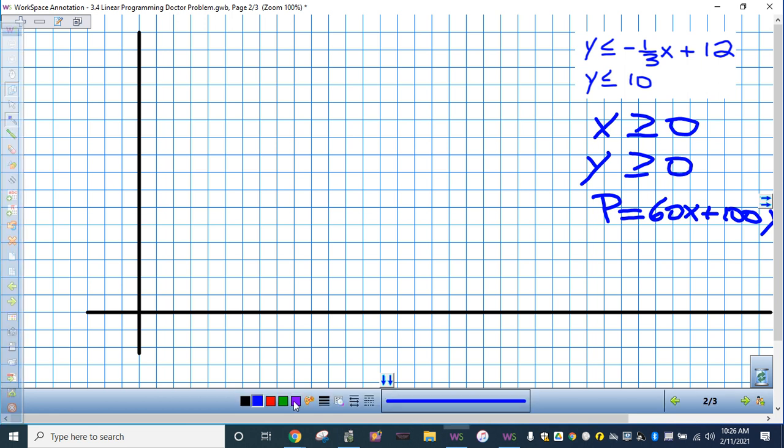So we'll do the top equation in blue, and then the y is less than or equal to 10 in purple. So let's just do that one right now. So that one's right there. We're shading less than that line.